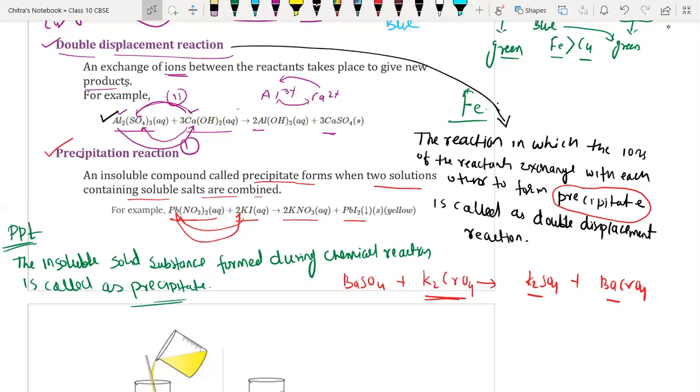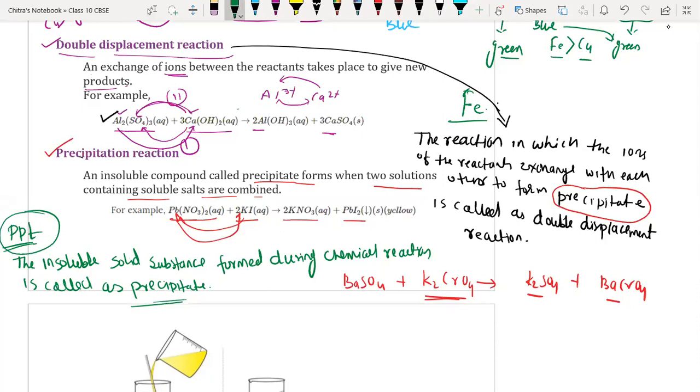Those reactions in which precipitate is formed are called precipitation reactions. So you just have to remember what is PPT. PPT means precipitate.